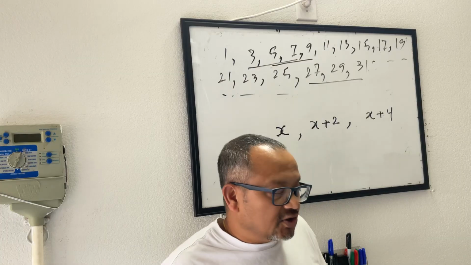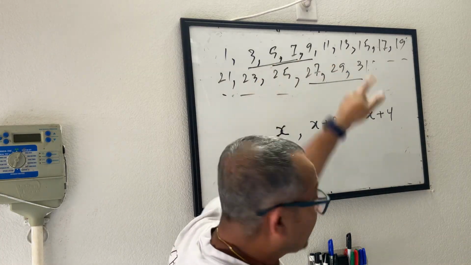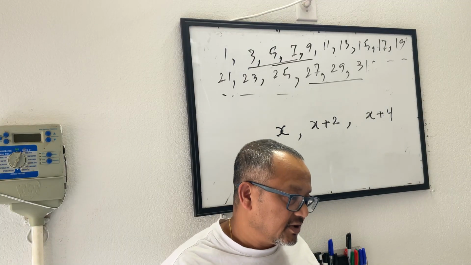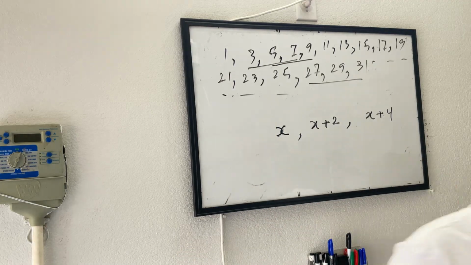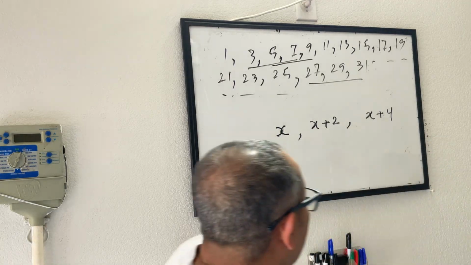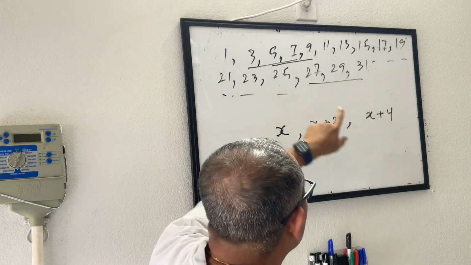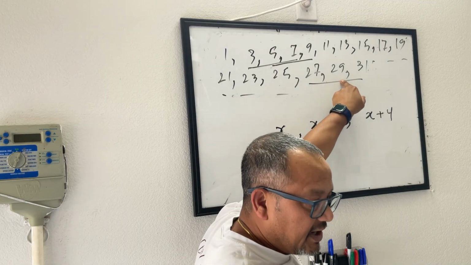See, I could have randomly picked 5, 7 and 9, but whether that is my answer or not, I don't know. Since we are talking about 3 consecutive odd numbers, meaning any number plus 2 plus 2. Pay attention to the board.